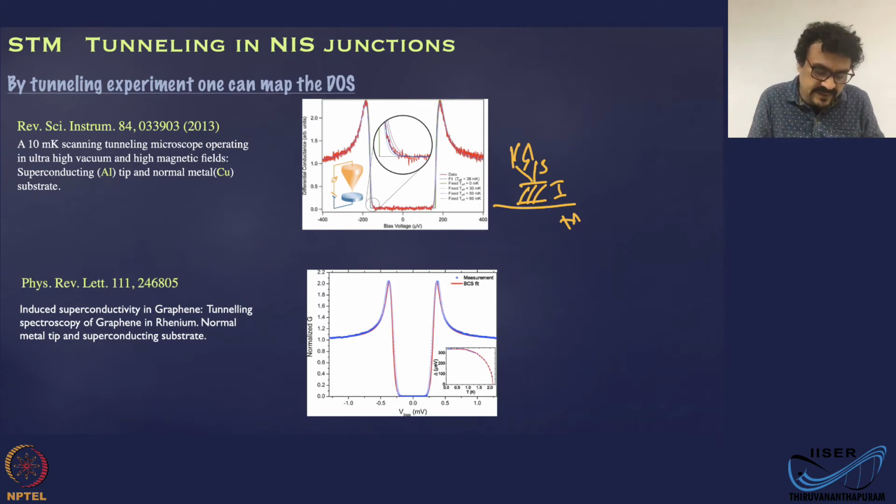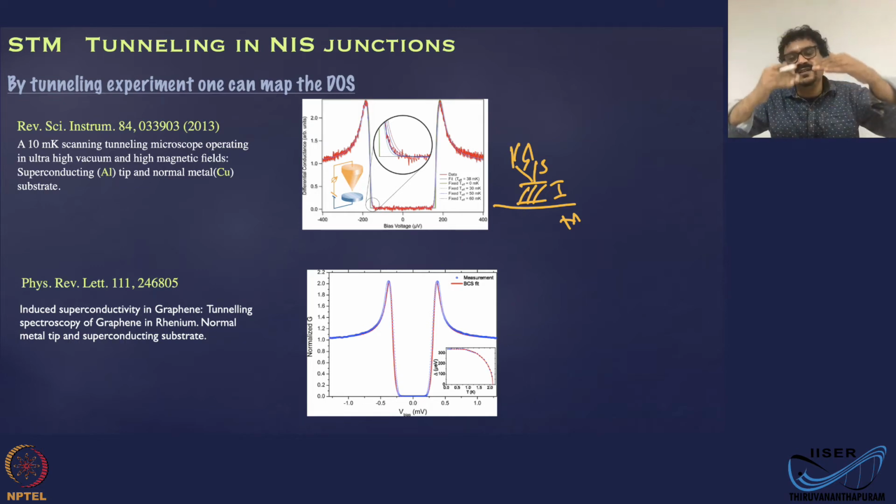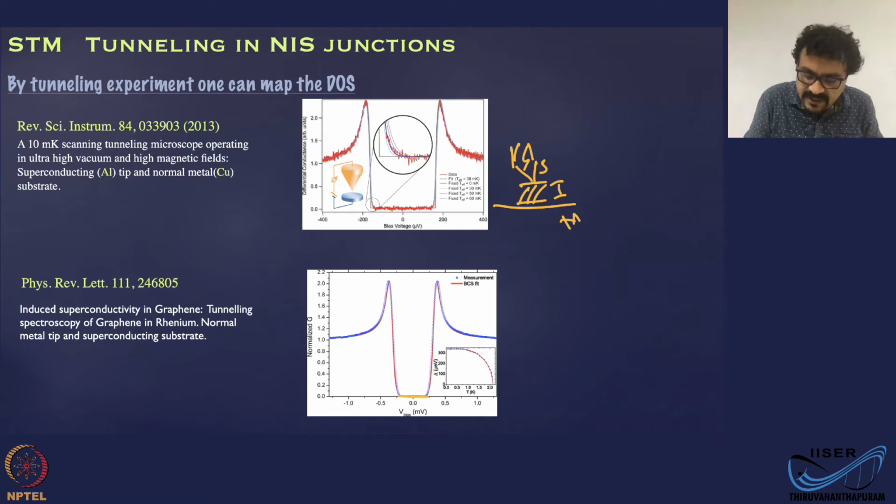Now in this case, you have graphene, rhenium, and a normal metal tip. So here also you are doing the same thing. All you need to do is slide the superconductor density of states past the metal density of states. Here also you can see that there is a gap in the middle, after which there is a rise in the conductivity.